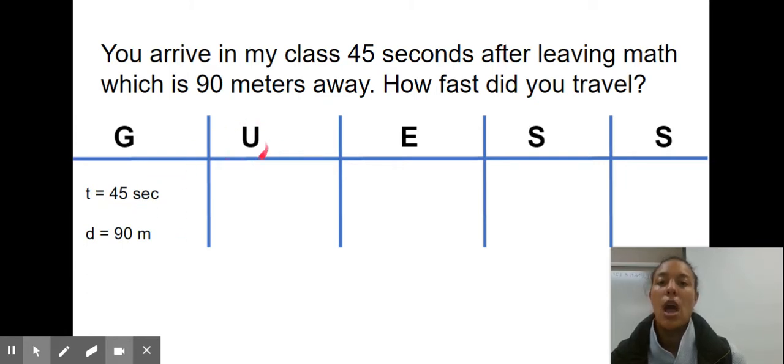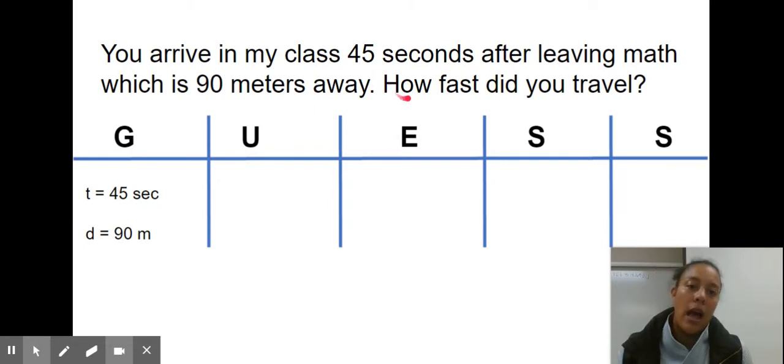U stands for unknown. What am I trying to solve for in this problem? Well, how fast did you travel? So fast is related to speed, or velocity in our case, or the variable v. So we're going to solve for v. And it's also my goal in this unknown column to identify the final unit that I might end up with.